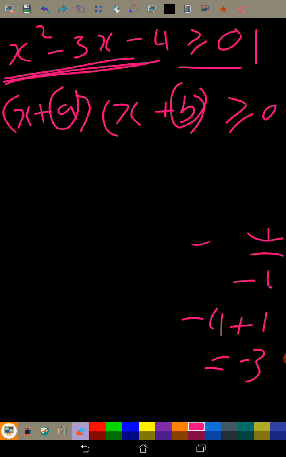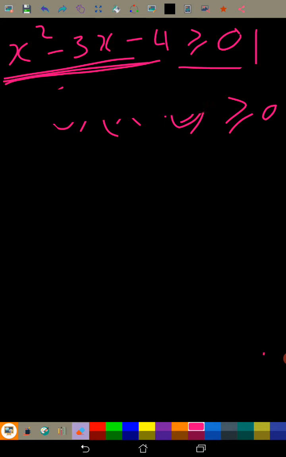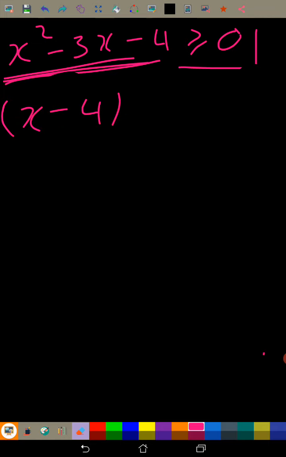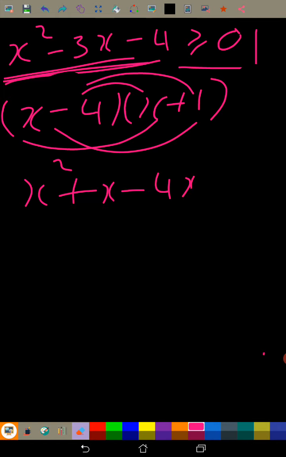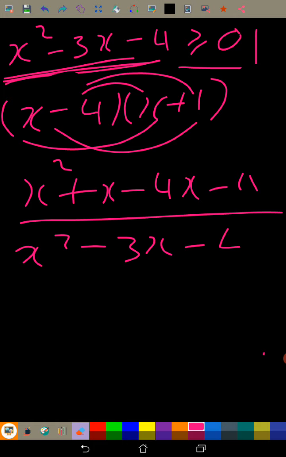So I'm going to rewrite everything: x minus 4, x plus 1. If I expand this, I will have x squared plus x minus 4x minus 4, which is just the same as what we have initially above here.